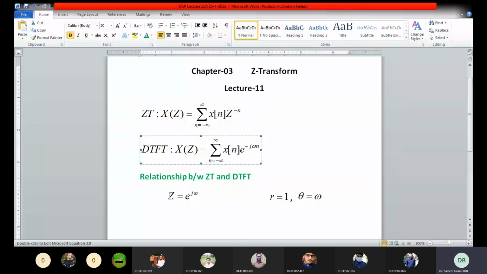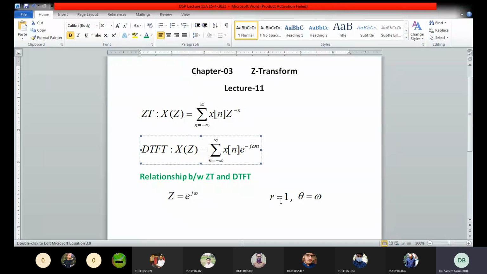we find that z is equal to e to the power j omega. If you take the minus common, this would be j omega n, z to the power minus n, so it means that z is equal to e to the power j omega, right? If I compare this with the polar representation, if there is nothing written with e, it means that the amplitude is 1.